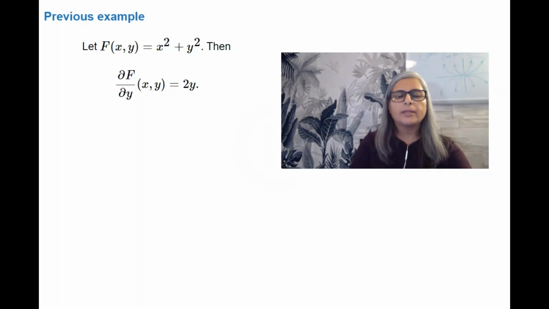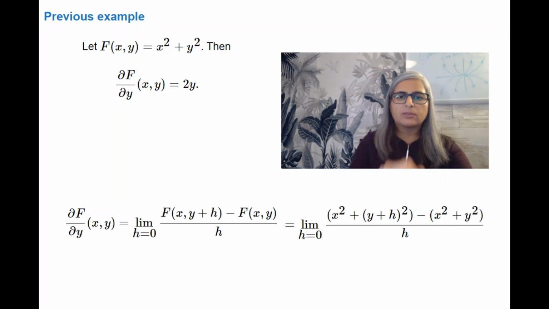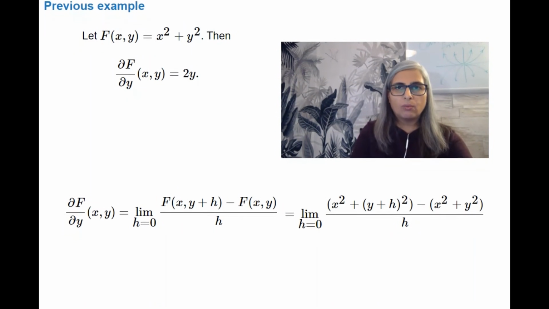To apply the idea, we consider the previous example x squared plus y squared as the value of z that describes the surface z equals x squared plus y squared mathematically. And we know that if we differentiate with respect to y, keeping x constant, then the differential would be 2y. We are interested to apply the basic definition on partial f by partial y.